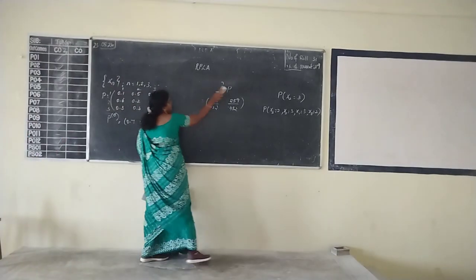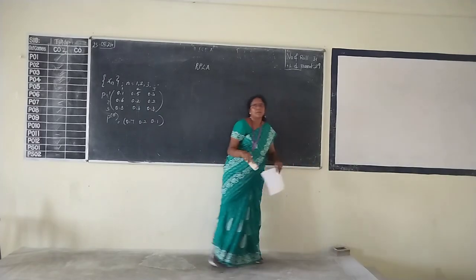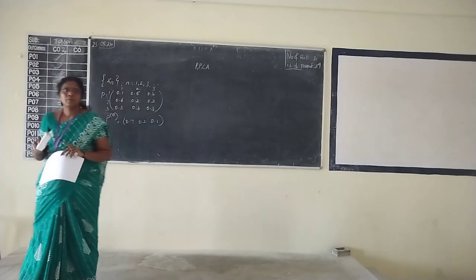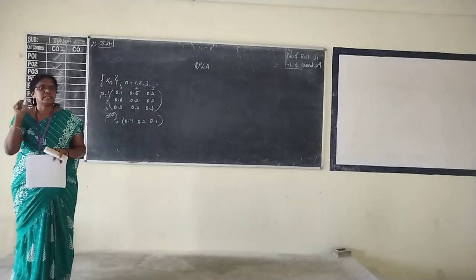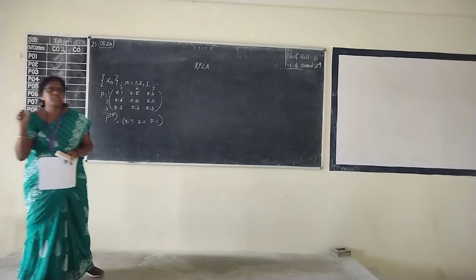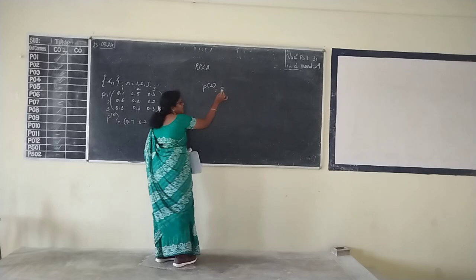What are you supposed to find in terms of notation? P2. What is the main target? Understand, everyone? What they are asking is the value of the third state in the second step. So what is the actual thing you are supposed to find? P2. This is your actual target.